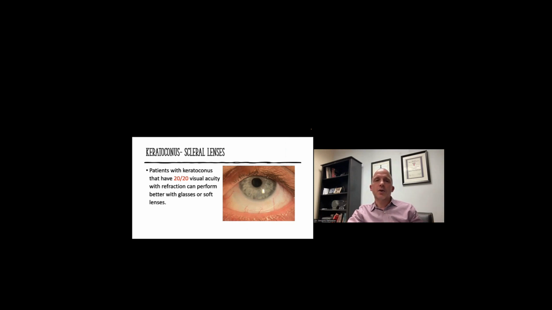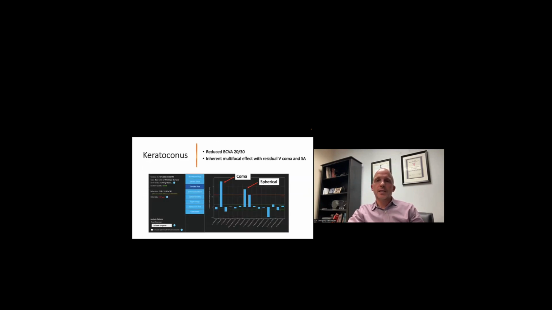So the take home here is that patients with keratoconus that have 20/20 visual acuity with refraction can sometimes perform better with glasses or soft contact lenses than they can with a gas perm contact lens, which includes scleral contact lenses. And this is just be careful what you wish for, because I also have a whole bunch of keratoconus patients in my practice that see 20/30 vision.